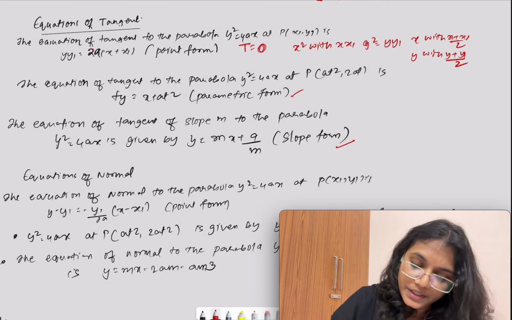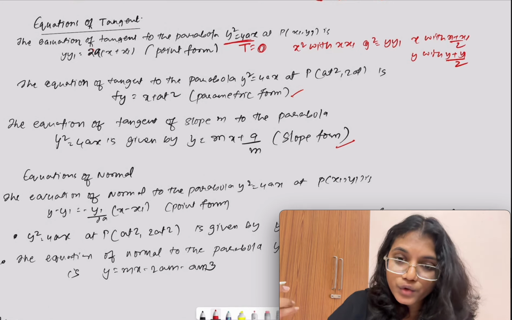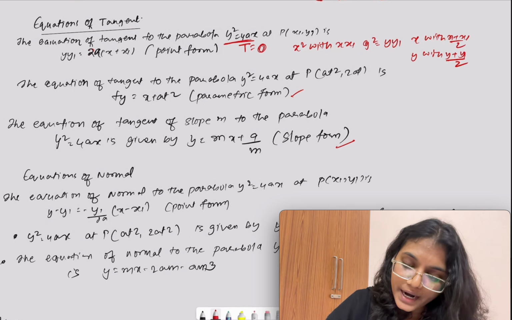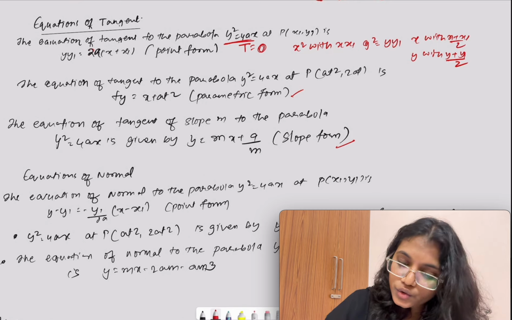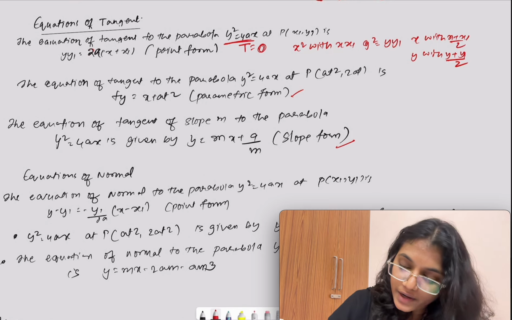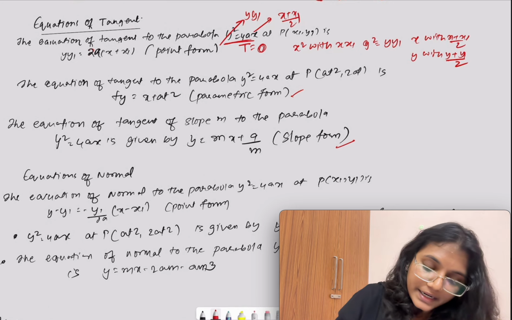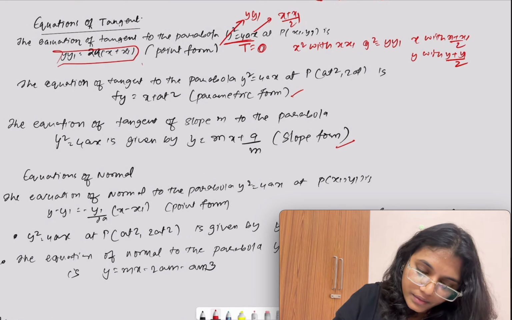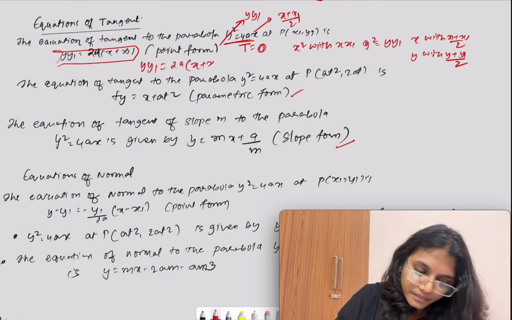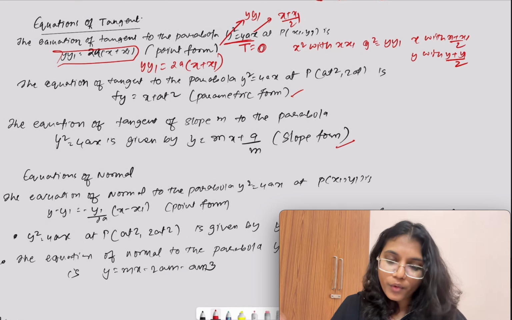So in this equation y square is equal to 4ax, we have two variables, which are y square and x. So if we substitute y square with y y1 and x with (x plus x1) by 2, then we'll finally get the equation as y y1 is equal to 2a times (x plus x1). So this will be the equation of tangent in point form.